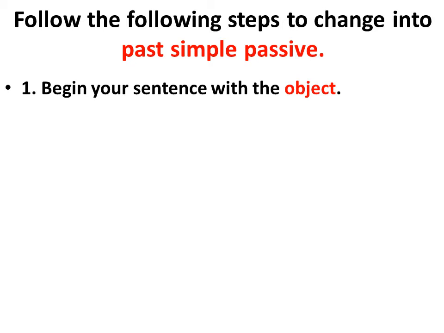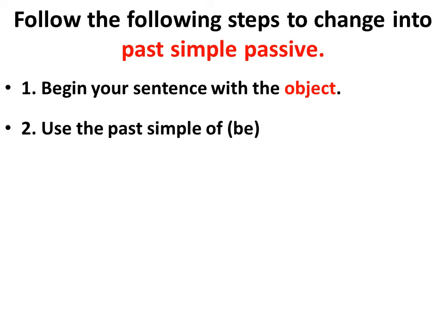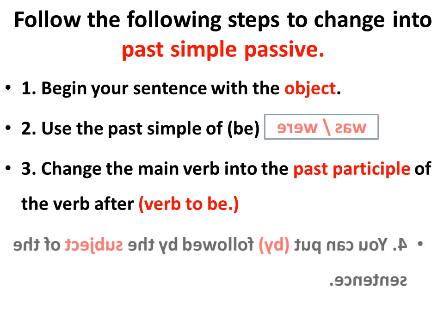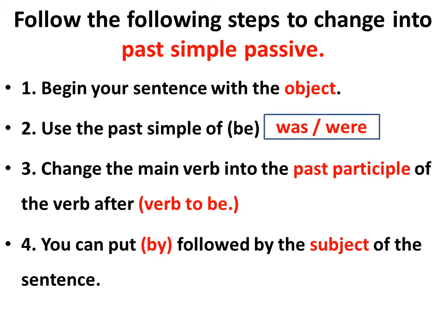No, teacher, you're wrong. With the object. Very good. Thank you very much. Number 2. Use the present simple of be. No, teacher, here we are in the past. We use the past simple of be, which is was or were. Step 3. Change the main verb into the past participle after verb to be.